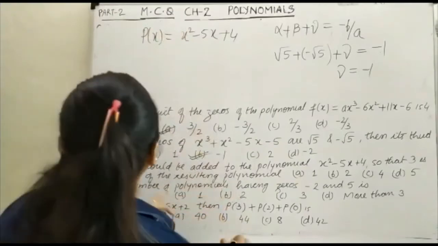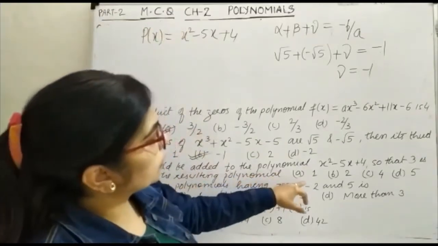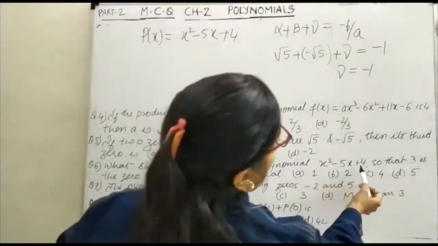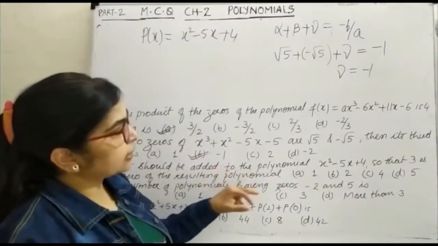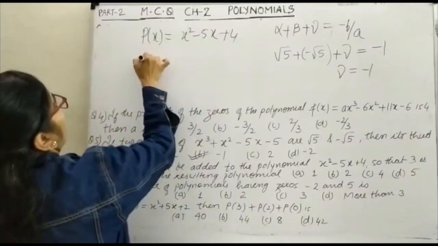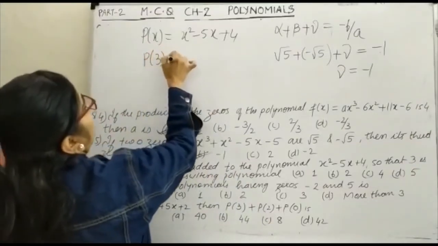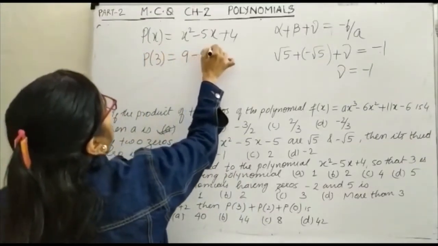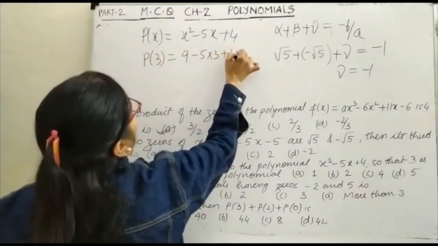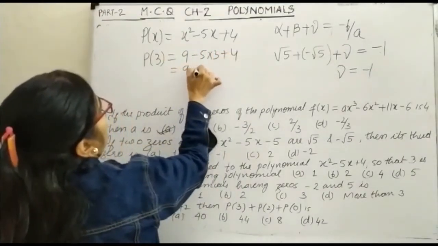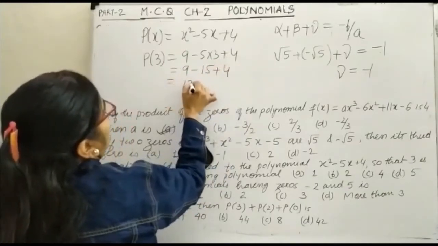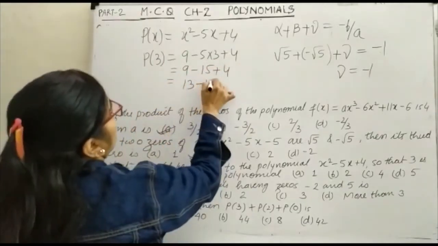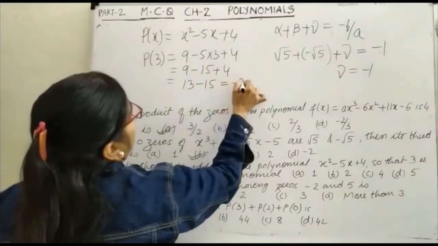Now it is asked here, what should be added to the polynomial x square minus 5x plus 4 so that 3 is the zero of the resulting polynomial. So find out P3. What you get, 9 minus 5 into 3 plus 4. So you are getting 9 minus 15 plus 4, and that is 13. You can see here 13 minus 15, you are getting minus 2.